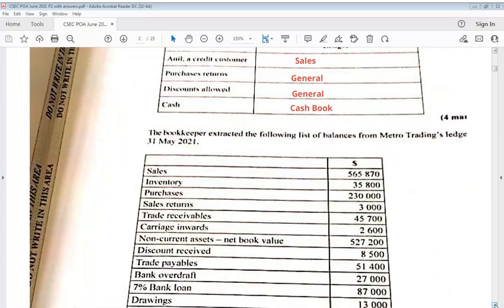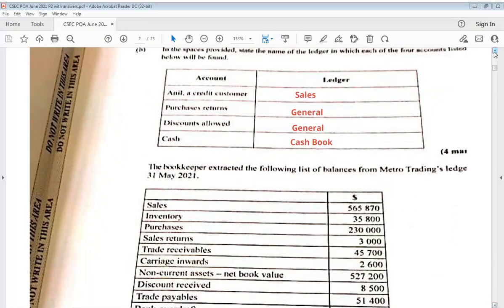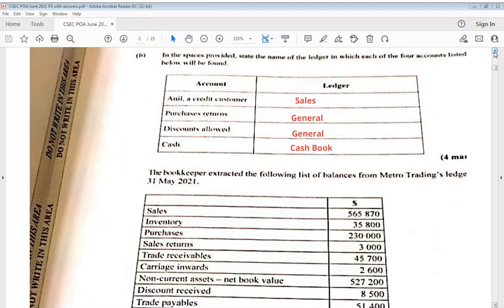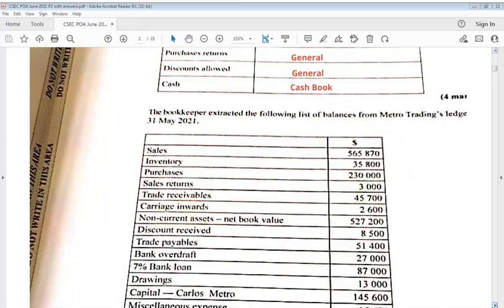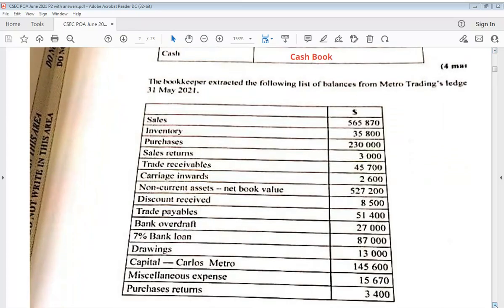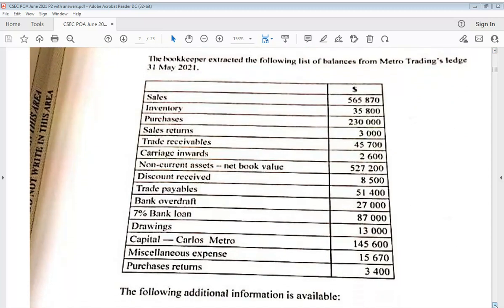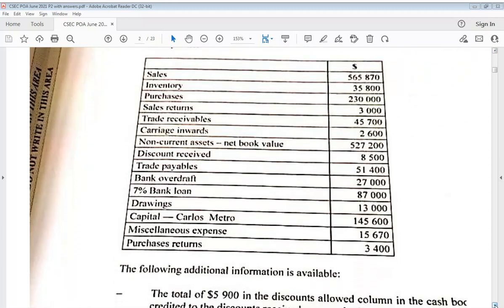Let's go to the other part of the question. It says the bookkeeper extracted the following list of balances from Metro Trading's ledger on 31st of May 2021. So here we have all the required information, the balances taken from Metro Trading's ledger.